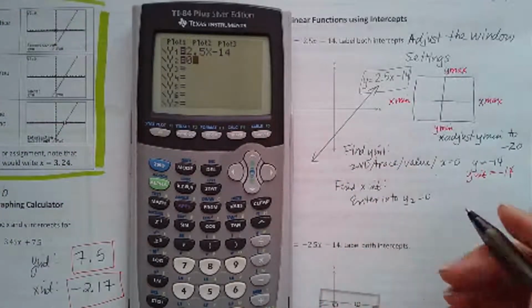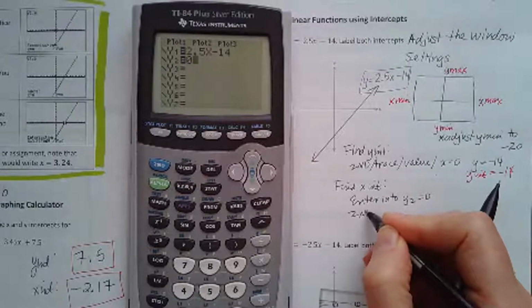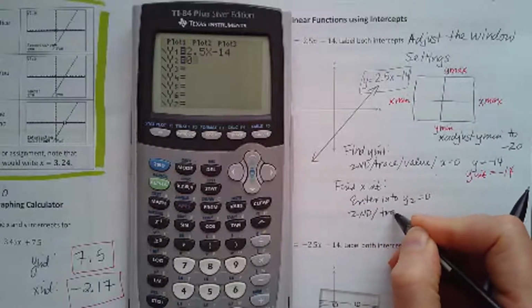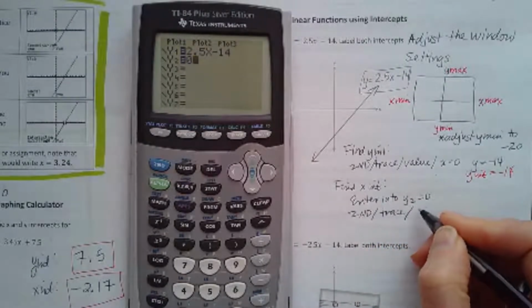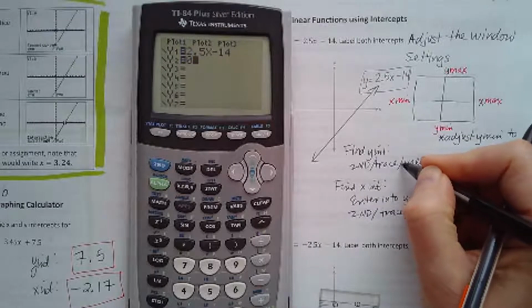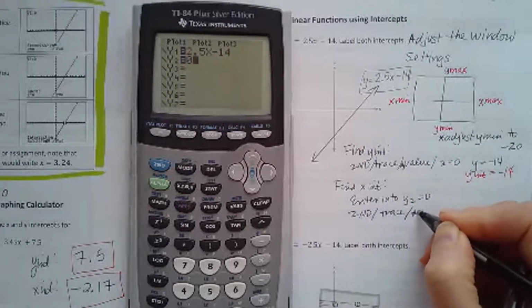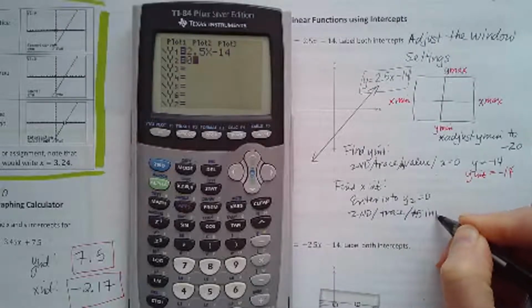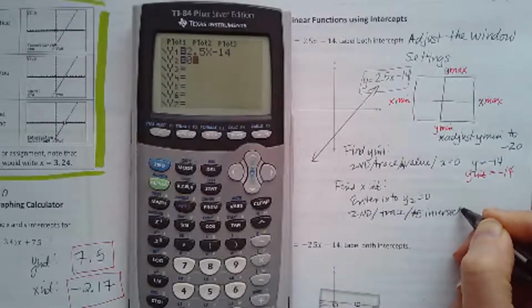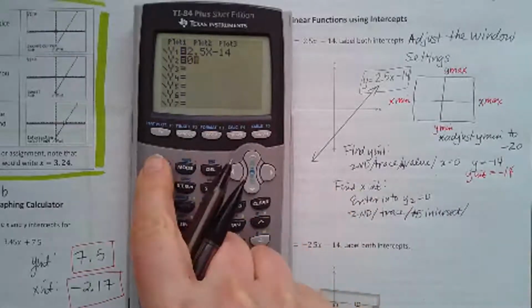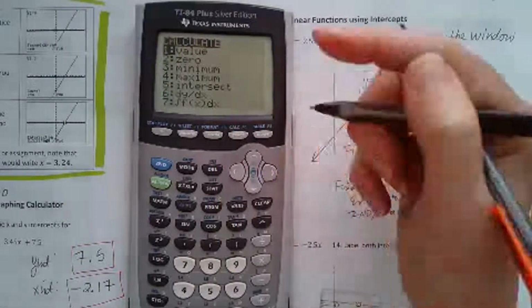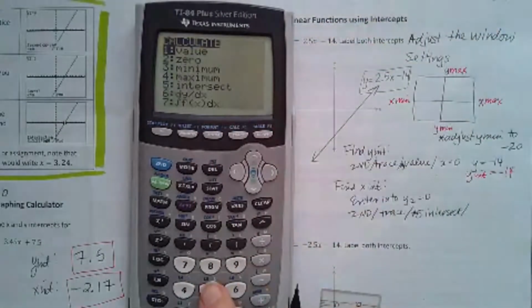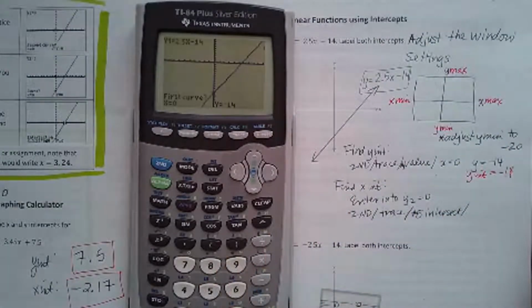So enter in y2 equals 0, and then second trace, number 5, intersect. I can either use my arrows or just press 5.